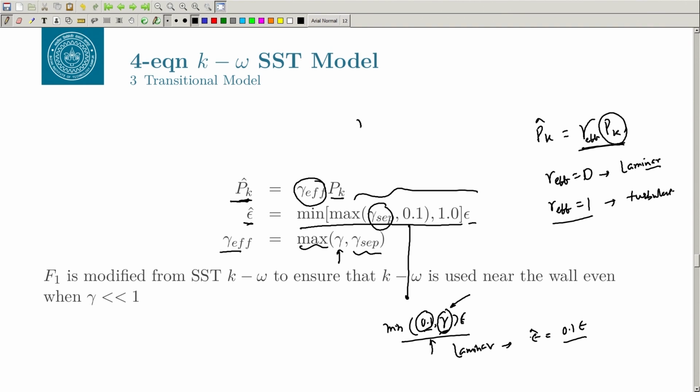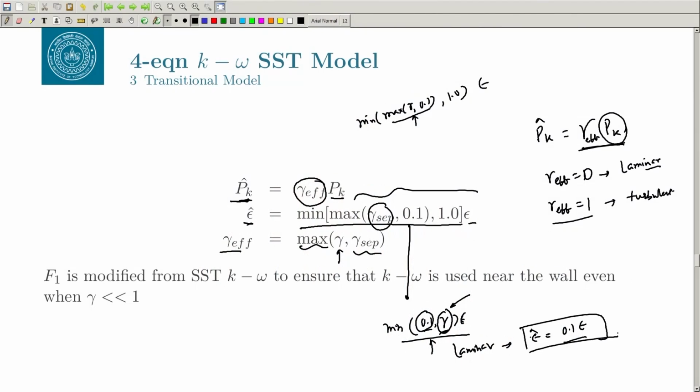This should be the minimum of the maximum of gamma and 0.1, and then 1.0, multiplied by epsilon. Let us say the flow is laminar, then gamma is equal to 0, but you do not want to take 0, because even if there is no turbulence, you will still have dissipation of the turbulence kinetic energy.